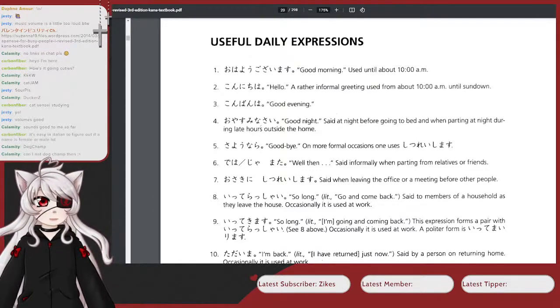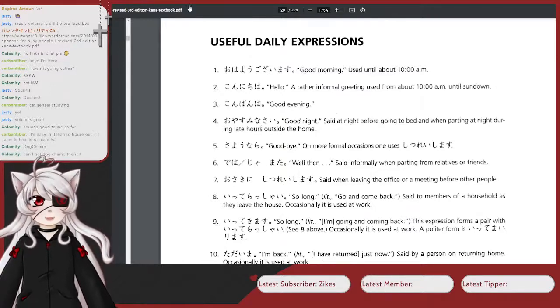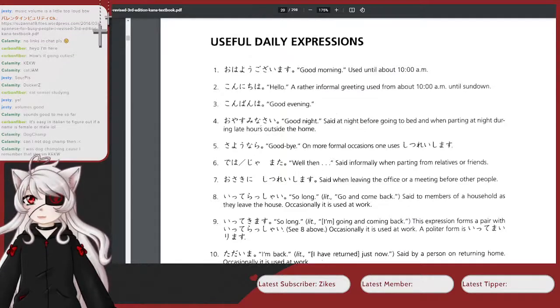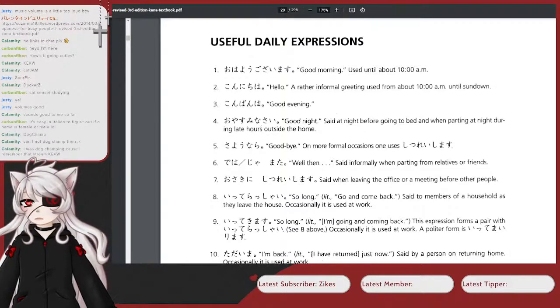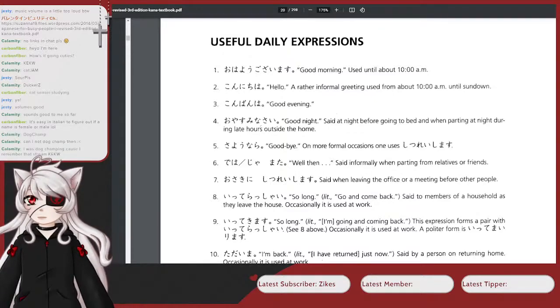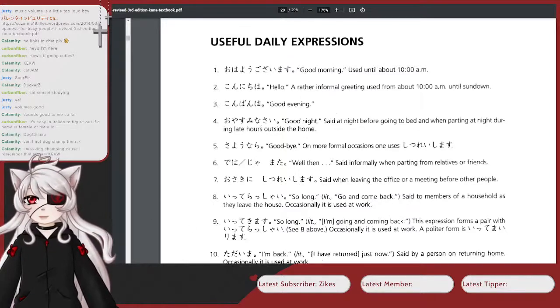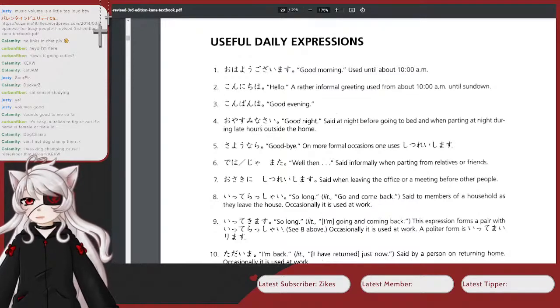Can I not dog champ then? Hold on, let me look up dog champ real quick. Hold on, is there a problem with my mic? Am I just talking quietly? Have I messed up my settings? You should tell me this kind of stuff in my actual chat where I can see it.